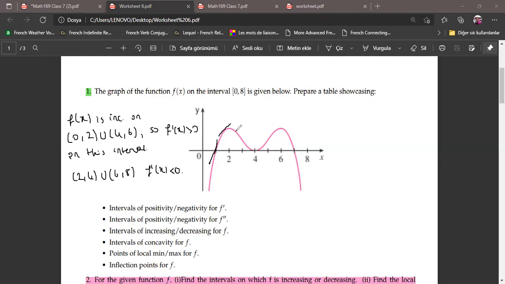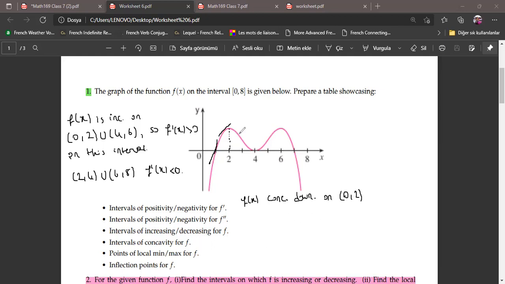If it's below the tangent lines, then it's concave downward, we say. Till here, you see it's below the tangent lines. So f of x, let's write it first, is concave downward on 0 to 2.